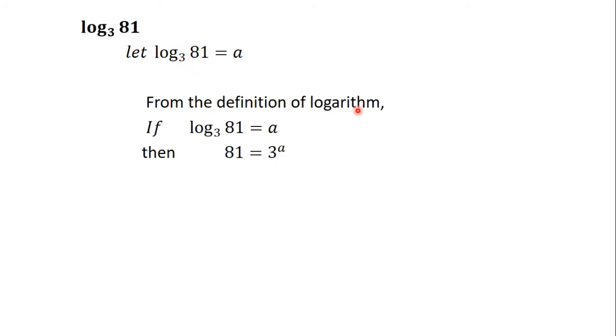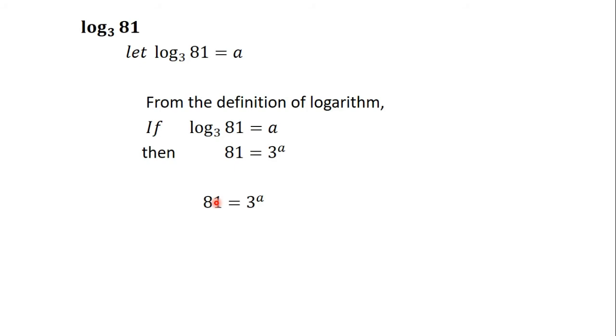We've learned in the previous slide that if we let log 81 base 3 equal to a, then from the definition of logarithm, the logarithm number, which is 81, is equal to the logarithm base, which is 3, exponent the logarithm, which is a. So we have 81 is equal to 3 exponent a.